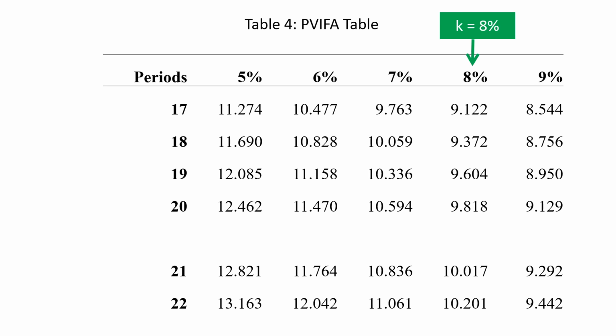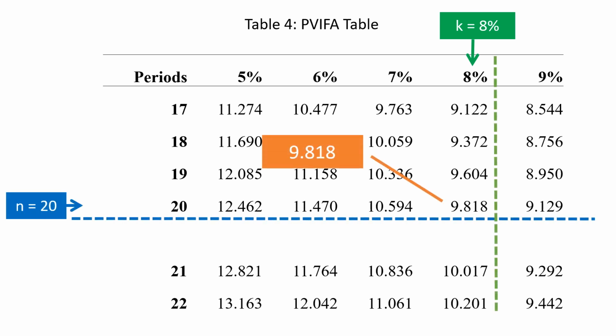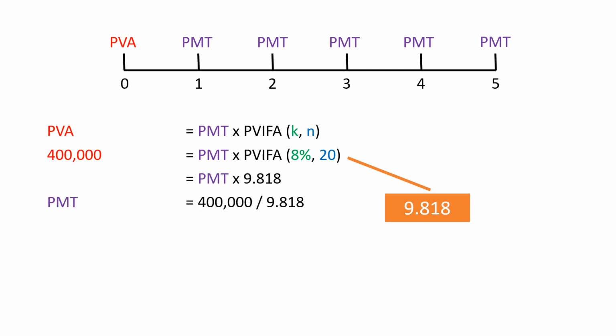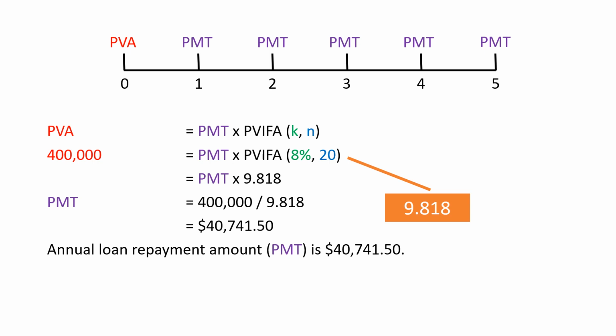We know K. We know N. The intersection is the answer. We substitute the answer from the table. We find PMT. The annual loan repayment amount is $40,741.50.